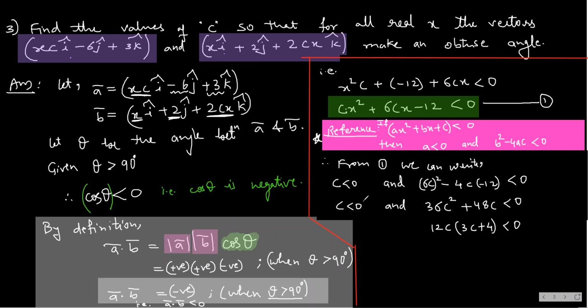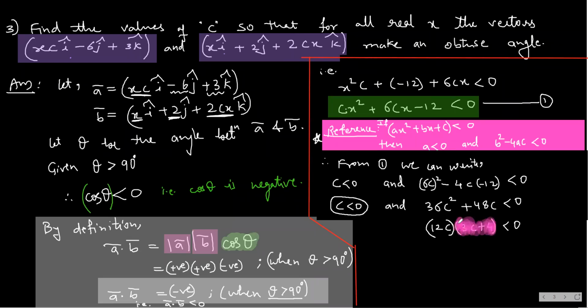Now remember, you have already concluded c is less than 0. So if c is less than 0, it means 12c is less than 0. If 12c is less than 0, then this has to be positive.